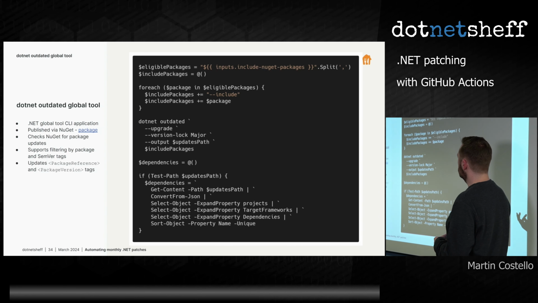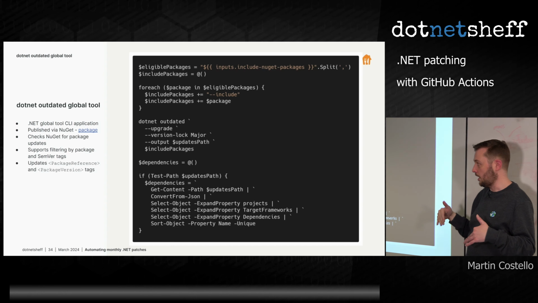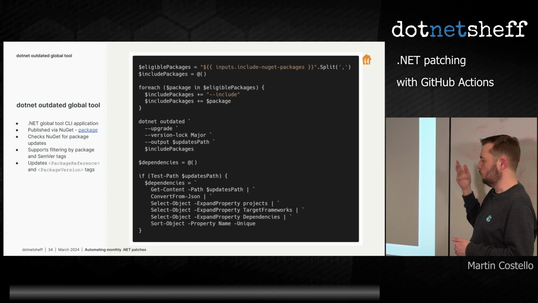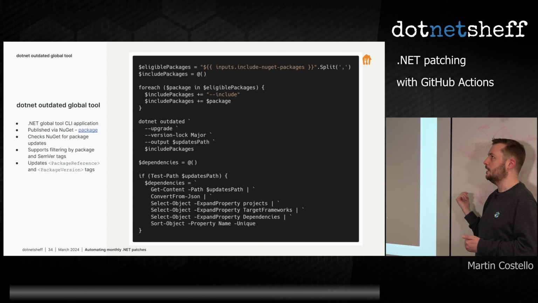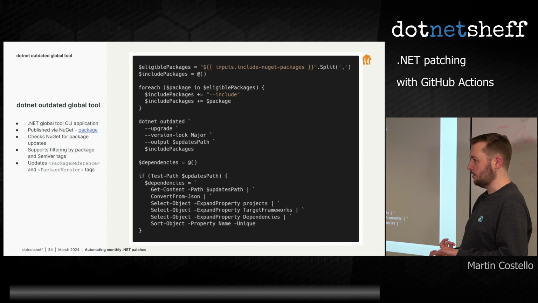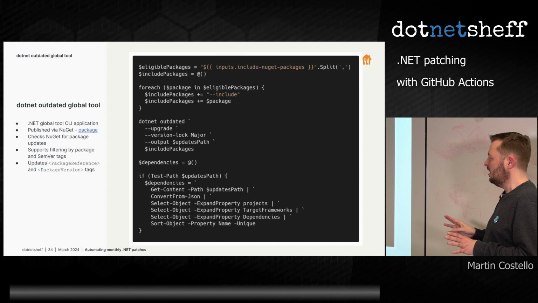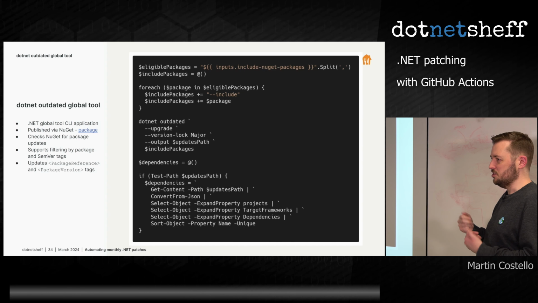And what the workflow does is you can give it a list of NuGet packages to consider to upgrade. That's a parameter in the workflow you can change. By default, it updates Microsoft.ASP.NET Core, Microsoft.EntityFramework, System.Text.Json, and Microsoft.Extensions libraries. Anything else isn't considered, but if you wanted to, you could change it to just update everything.